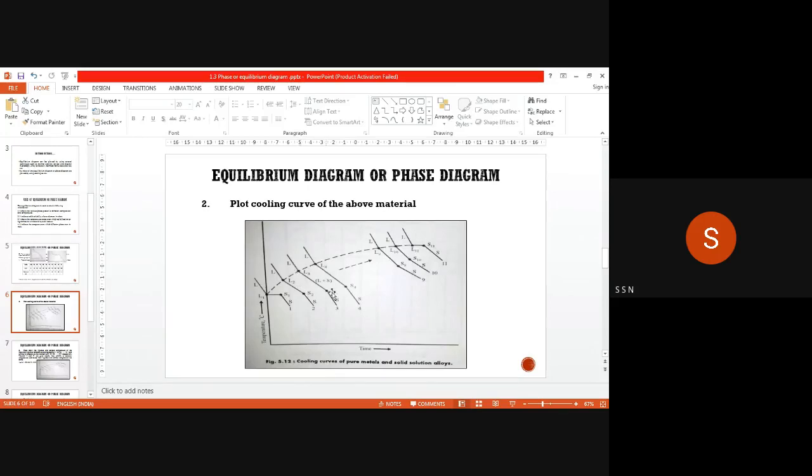I will draw one cooling curve for this composition. Then the fourth curve or fourth composition, like that up to 11. For 11, again it is a pure nickel metal, because 0% copper is there, pure nickel will be there.